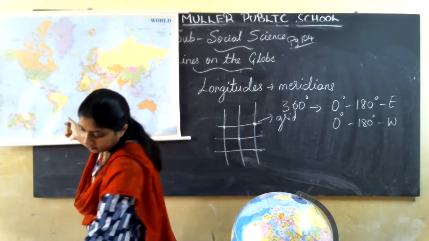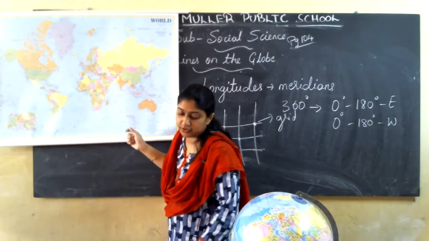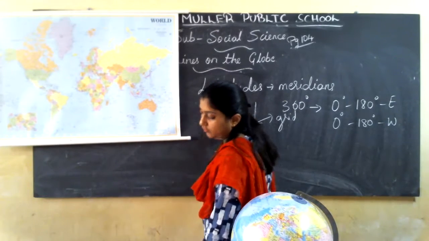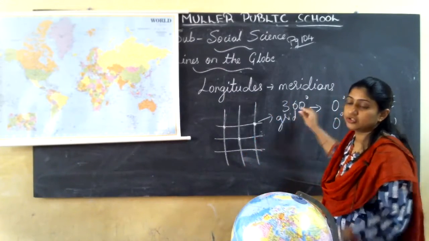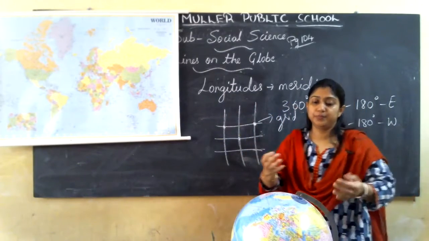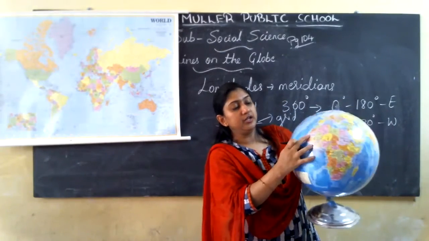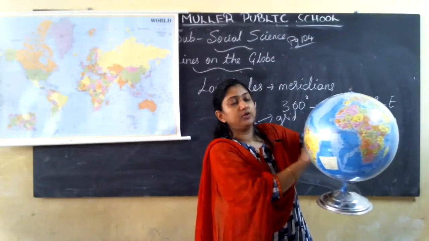And also the longitudes are used to calculate time, isn't it? So among all the lines of longitude, there are 360 lines of longitude that cover the whole globe. Yes, it starts from 0 degree here, with 180 degree towards the east and 180 degree towards the west.